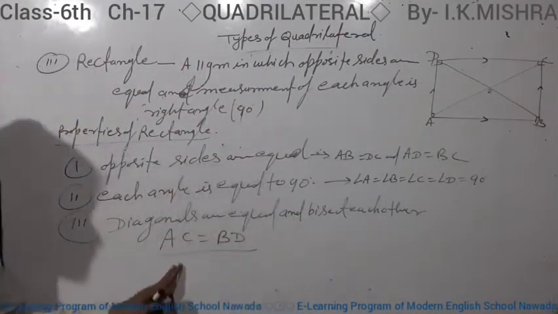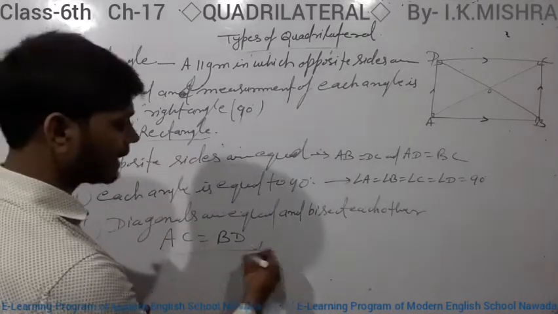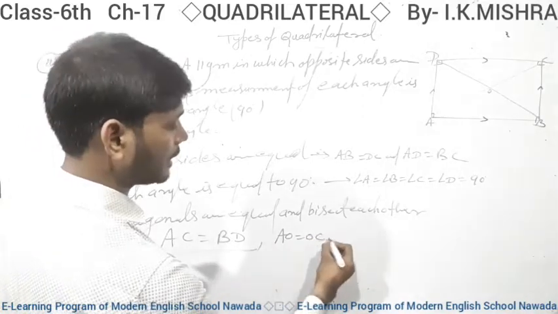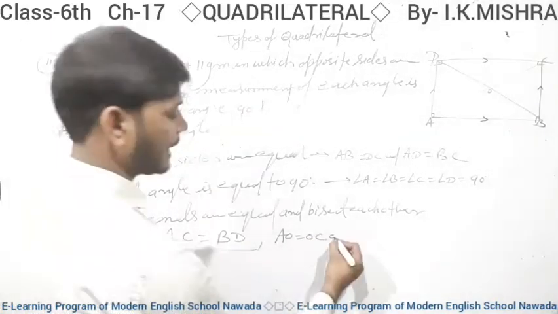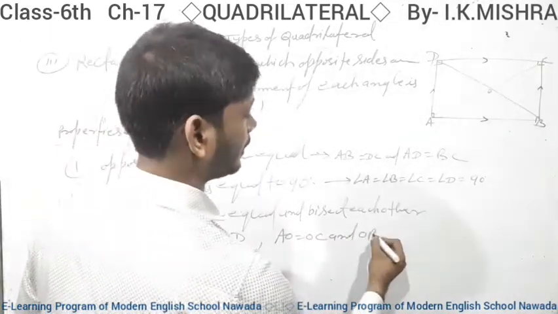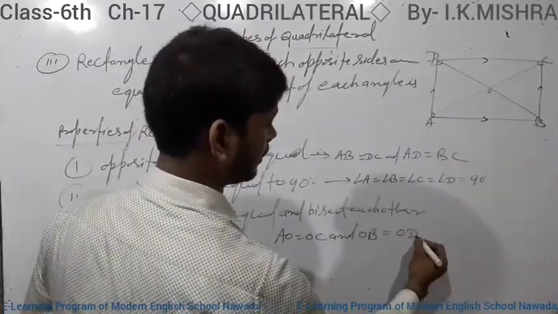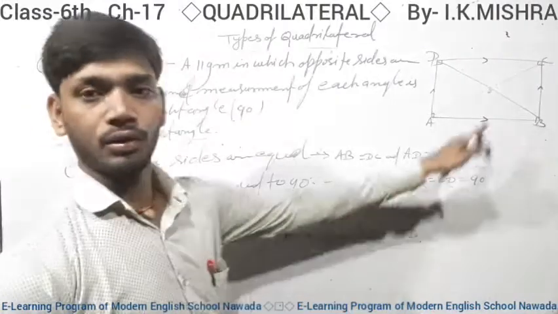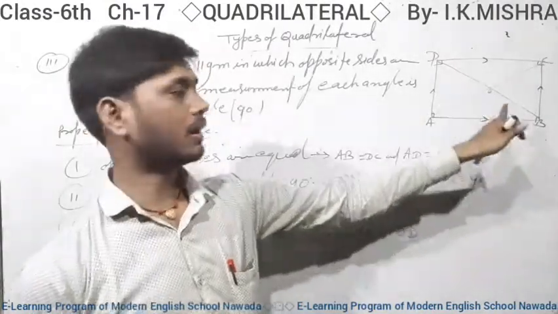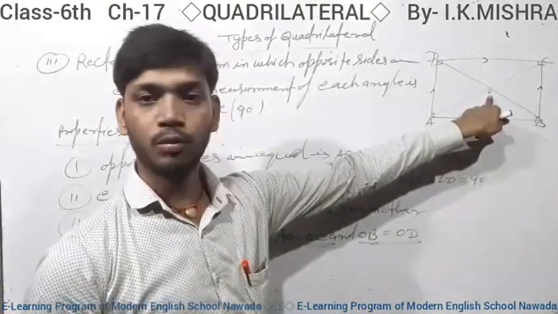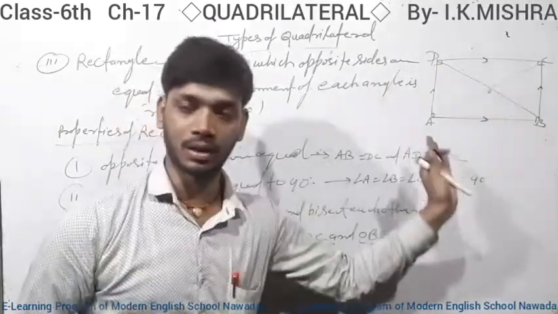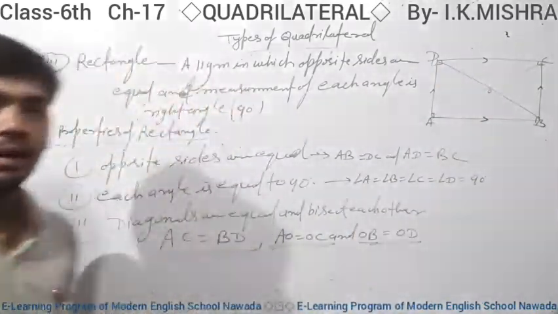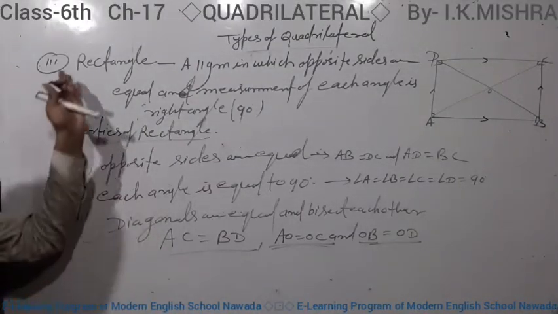Diagonals are equal and bisect each other. That means AO is equal to OC and OB is equal to OD. Diagonals bisect each other at this point. Clear friends? These are the properties of rectangle.